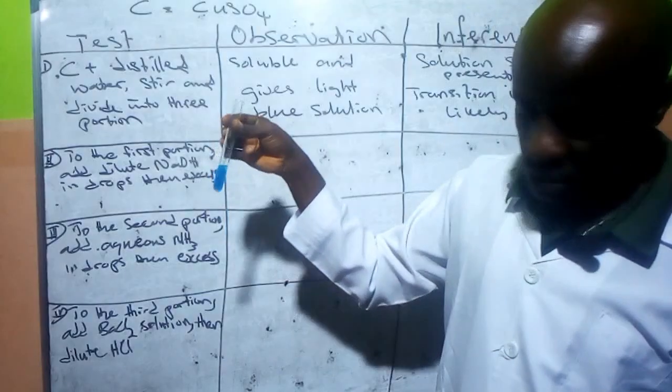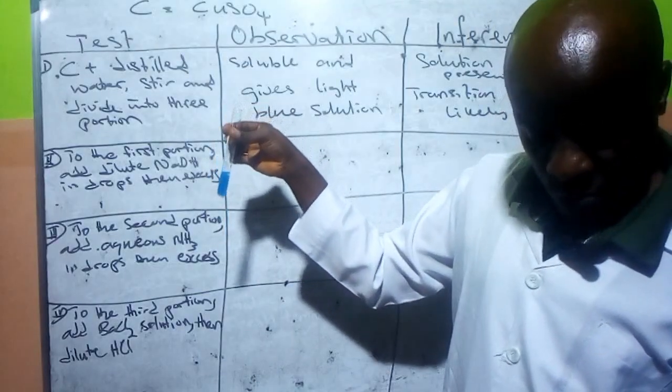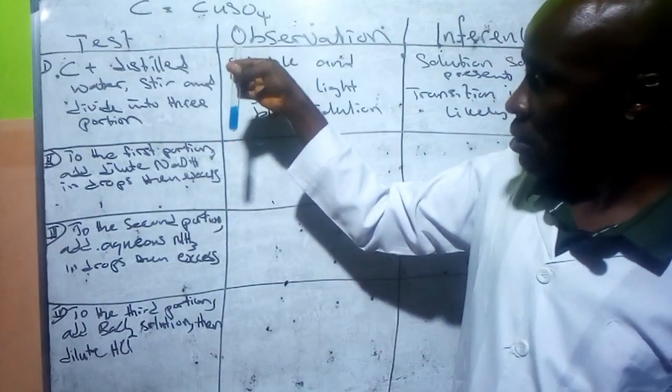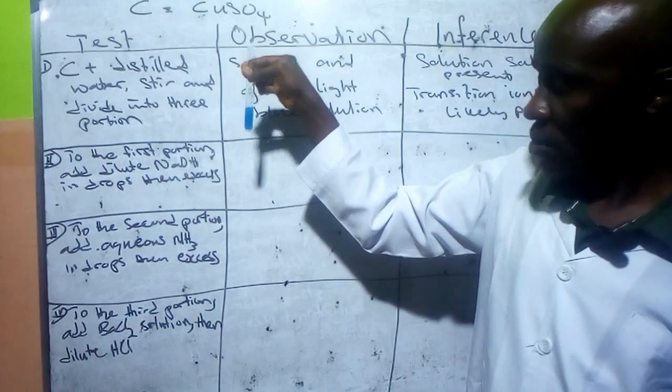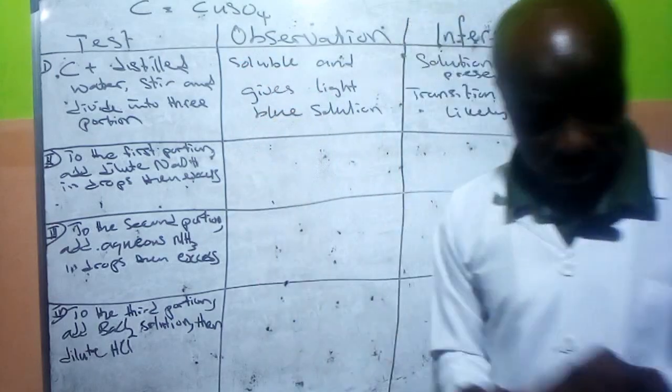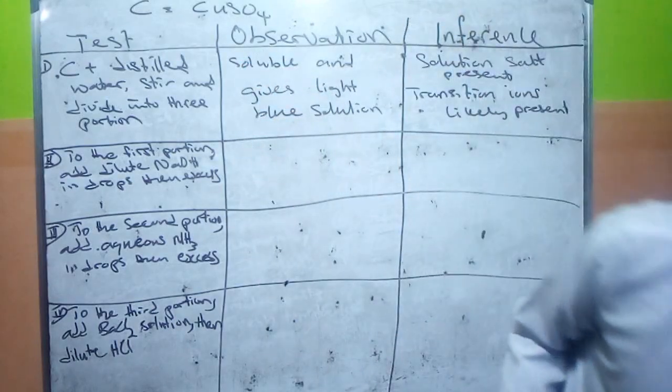The precipitate remains. Gelatinous precipitate still what? Insoluble in excess. You can see that it's insoluble in excess. So what are we going to do?